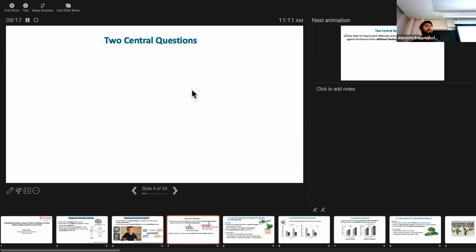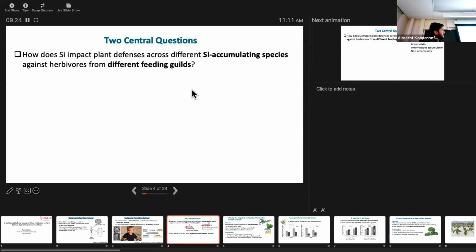So my PhD project actually revolved around two central questions. One was, how does silicon impact plant defenses across different silicon-accumulating plant species against herbivores from different feeding guilds? As I mentioned, plants vary in their ability to accumulate silicon. So there are accumulators, intermediate, and non-accumulators.